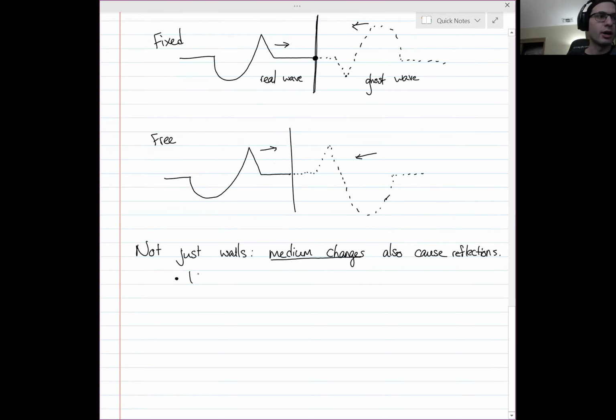So when a wave goes from a fast medium to a slow medium, the reflection that occurs at the interface is inverted.